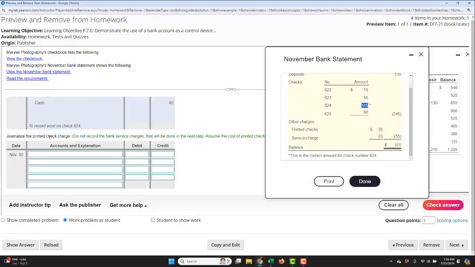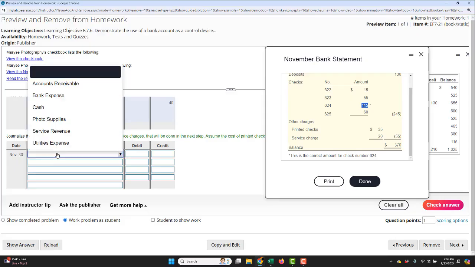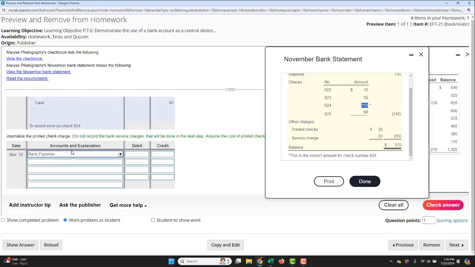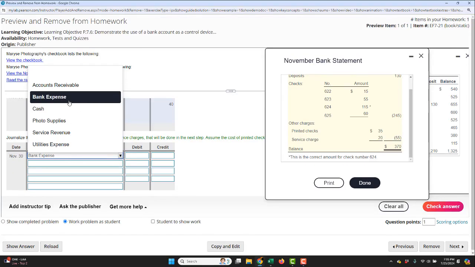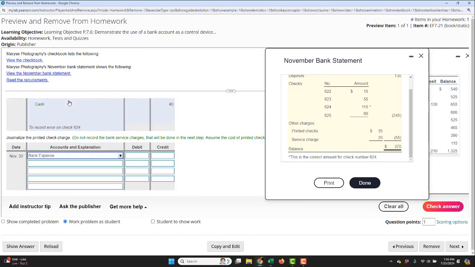Okay, so now the check charge. So we're basically going to have some expense. So we're going to call it bank expense. That may be the most appropriate one. And it was $35.